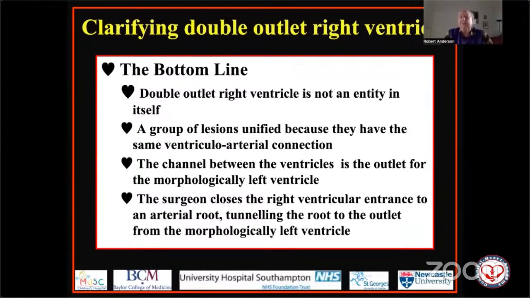And the take-home message is that the surgeon, so as to repair double outlet right ventricle, creates a shelf within the right ventricle so as to tunnel the arterial root, be it aortic, be it pulmonary, back into the left ventricle through the left ventricular communication with that arterial root.